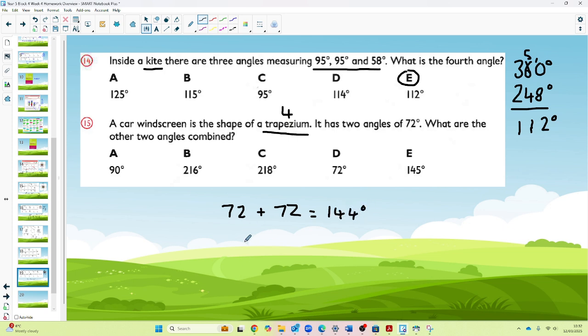And then we need to take that away from 360. Remember, it's a trapezium, so it's a four-sided shape. And then that will give us 216. Now, it was asking us for that combined. So 216 degrees is going to give me the answer B. Right, well done. Let's move on to the next section.